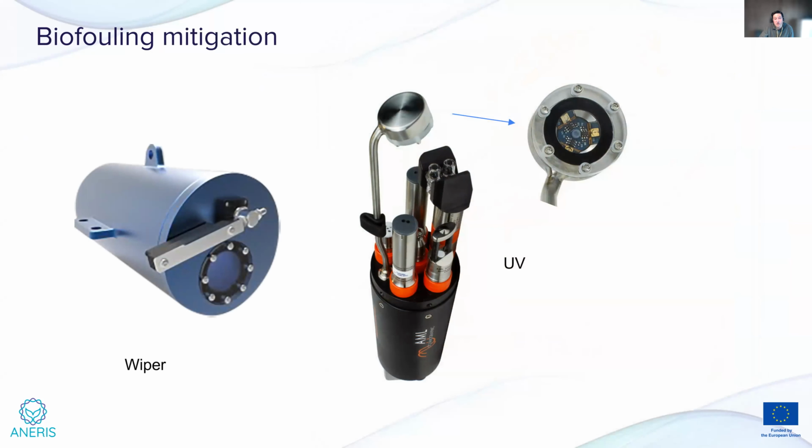Some of the typical solutions to deal with this problem of biofouling are mechanical wipers, which you see in the picture on the left, and also ultraviolet lights. Both have pros and cons, and some are more appropriate for some applications than others, but none of these methods is perfect. So there are a lot of challenges in using these methods.